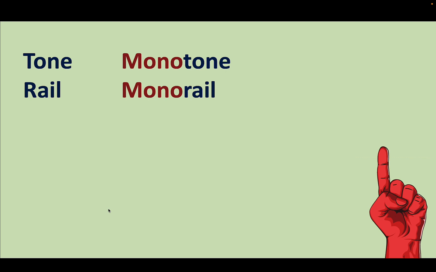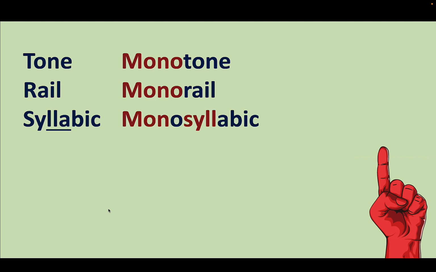It just changes the meaning. And usually in this case, with this prefix, it just means that there's one of something. Syllabic. If we added the prefix mono, it's monosyllabic, which means it only has one syllable, not two or three.